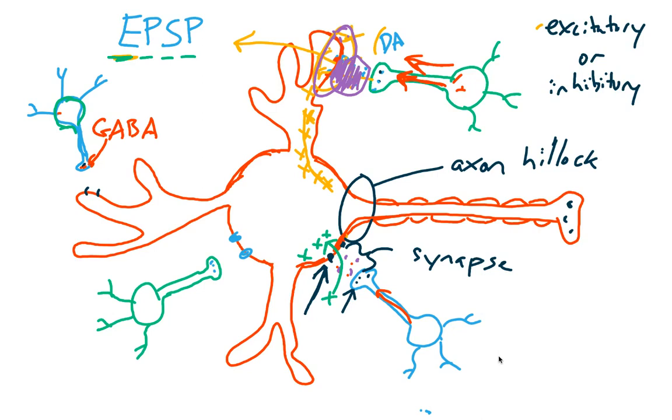GABA is a type of neurotransmitter, and it's going to be inhibitory in nature. So when this neuron fires an action potential down its axon, you have GABA released. And what GABA will do, rather than causing an influx of positive charge, is it will cause the influx of a negatively charged ion.